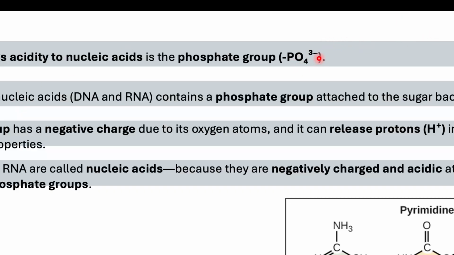The phosphate group has 3 negative charges, PO4 3 minus. Each nucleotide in nucleic acid, the DNA or RNA, contains a phosphate group attached to the sugar backbone. If you remember the helix that we saw in the previous slide, each molecule of a pentose sugar, the 5-membered ring sugar, for RNA it is ribonucleic acid, and for DNA it is deoxyribonucleic acid.